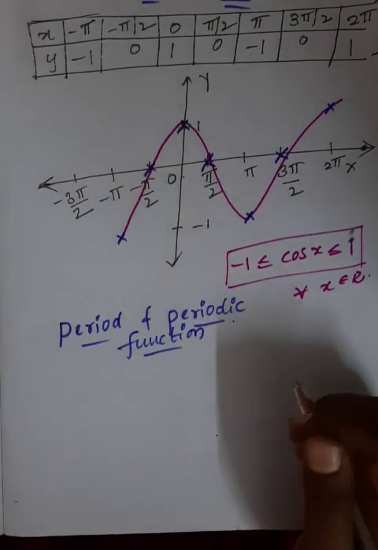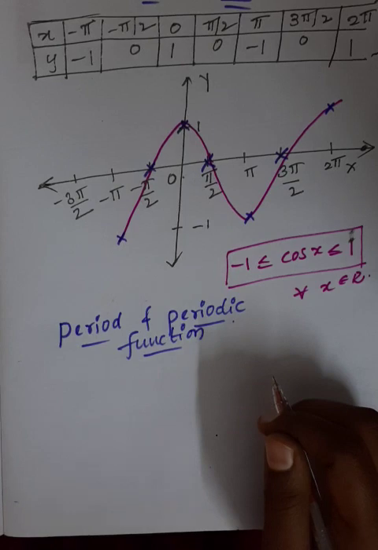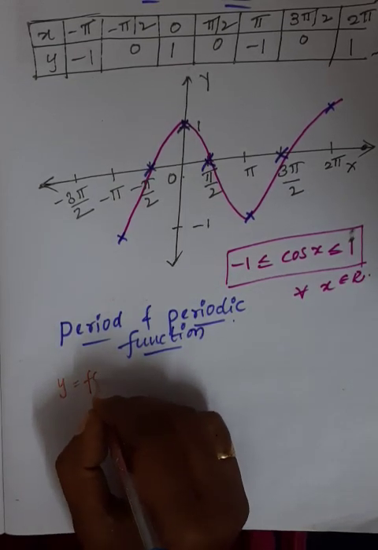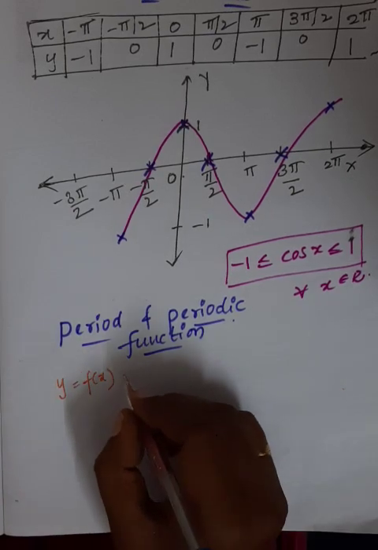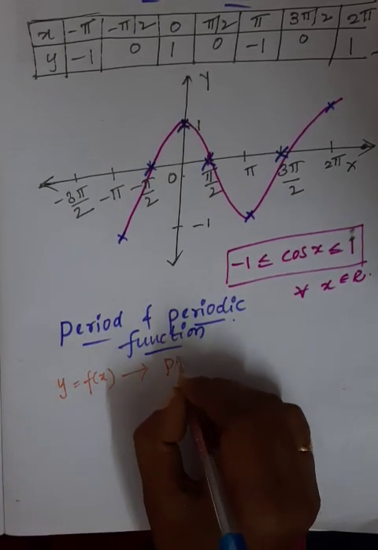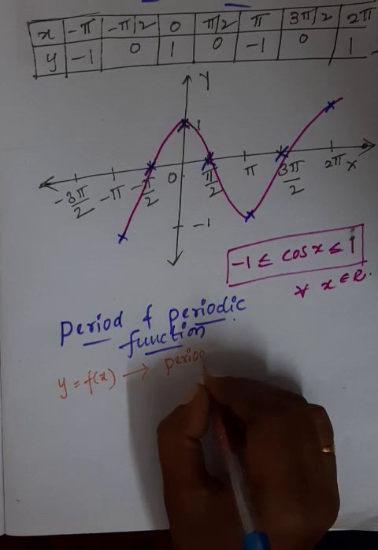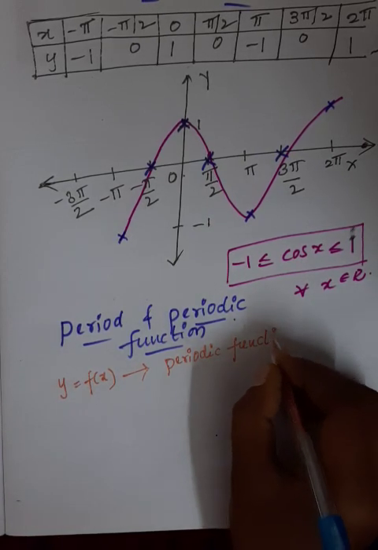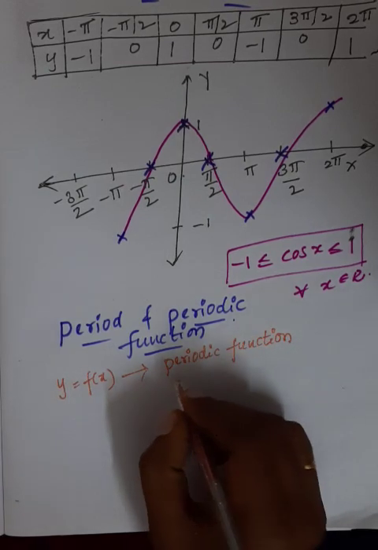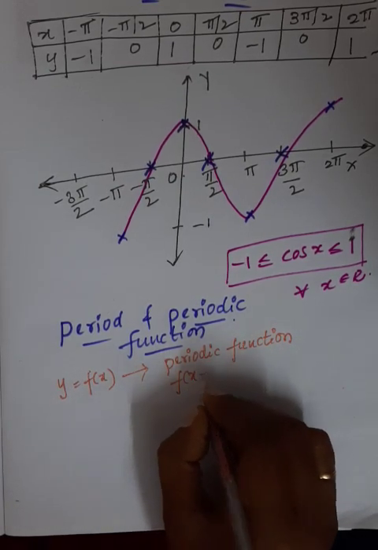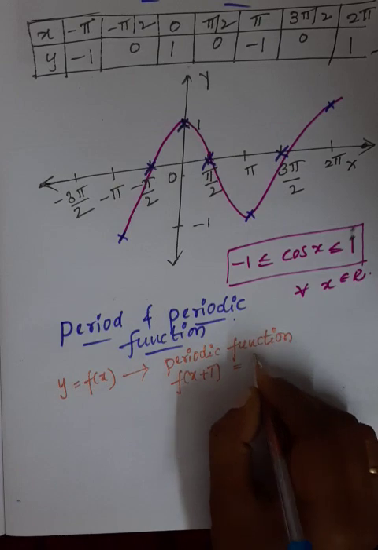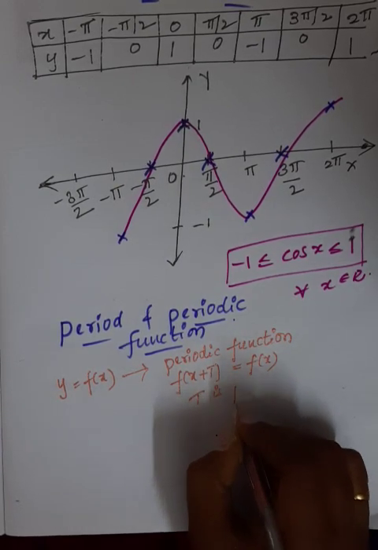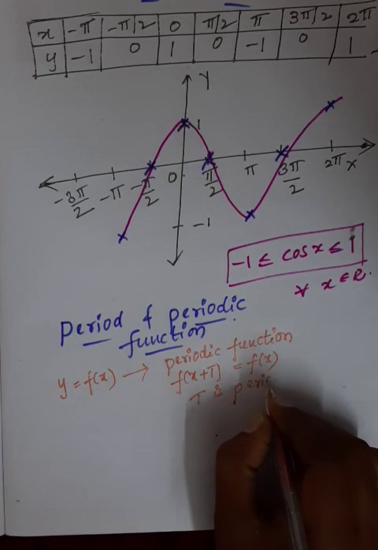Our next topic is period and periodic function. A function y is equal to f of x is said to be a periodic function if it satisfies one condition. That condition is f of x plus t is equal to f of x, where t is called the period of the function f of x.